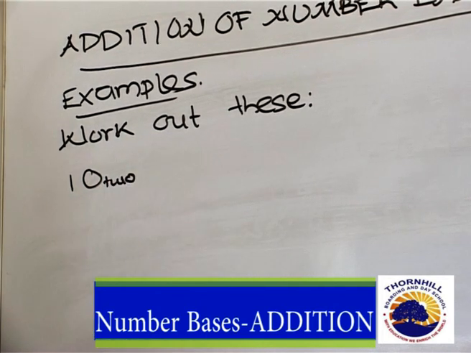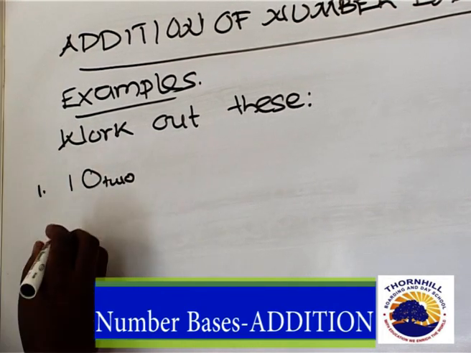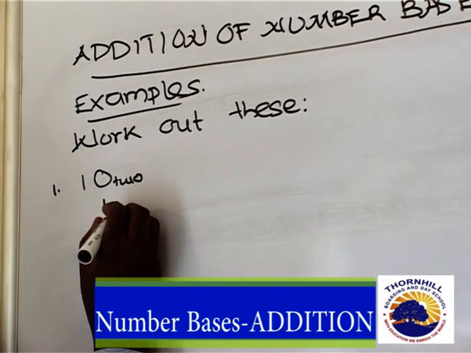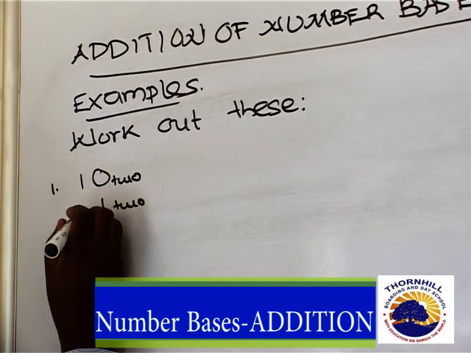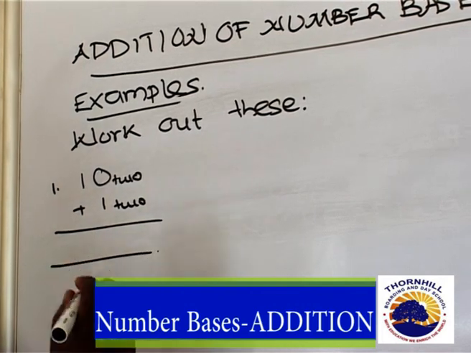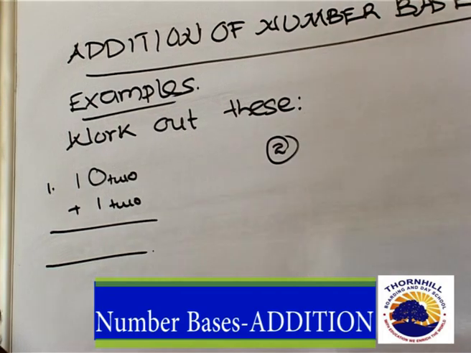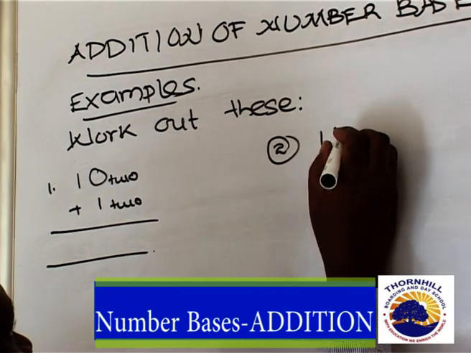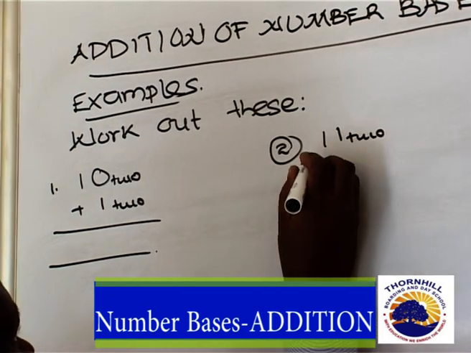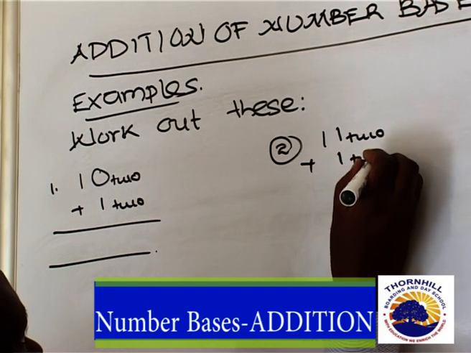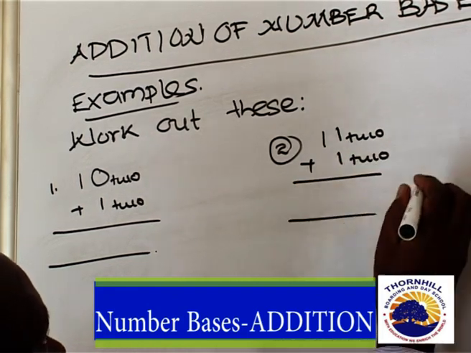I hope you still remember how to read them. Then we have 1, base 2. We want to add. Then number 2. Let's have 1, 1, base 2. Add 1, also base 2. Then 3.